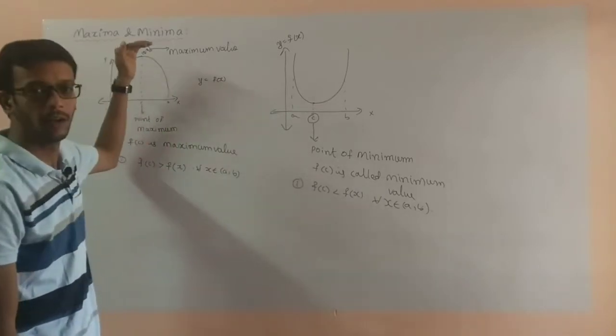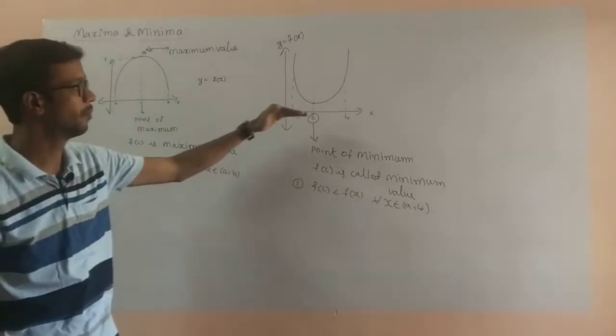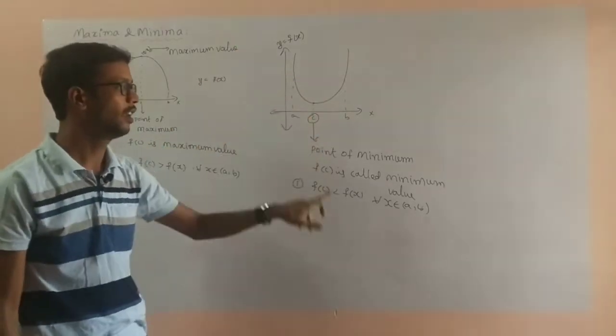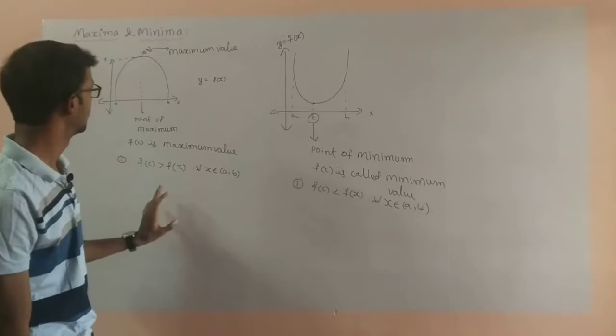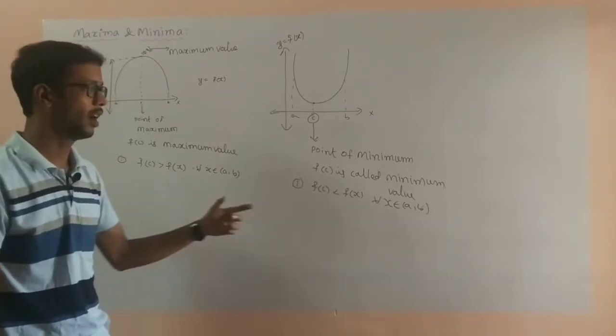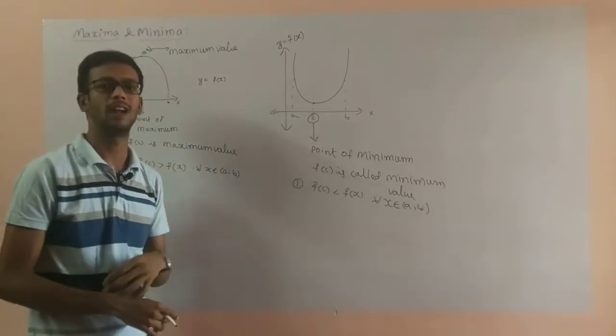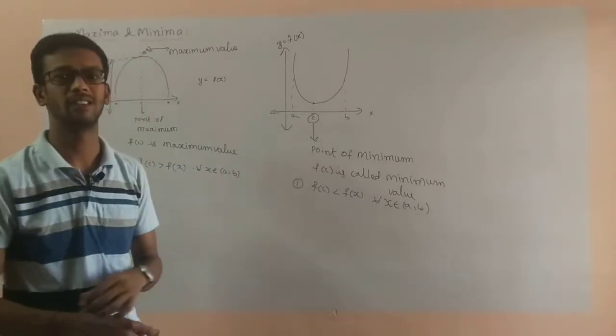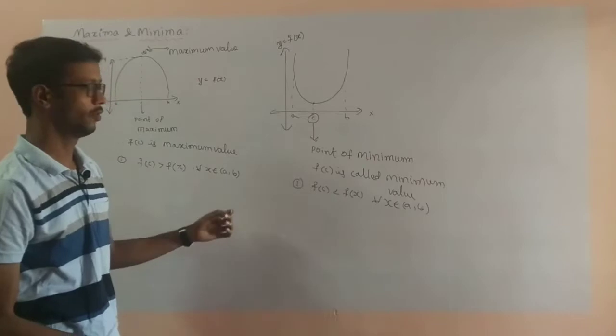Maximum is nothing but the peak value. Minimum is nothing but the valley. This is called the valley value. So this is the basics of maxima and minima. Next, there are two more concepts: local maxima, local minima, and absolute maxima, absolute minima. Pause the video to note it down.